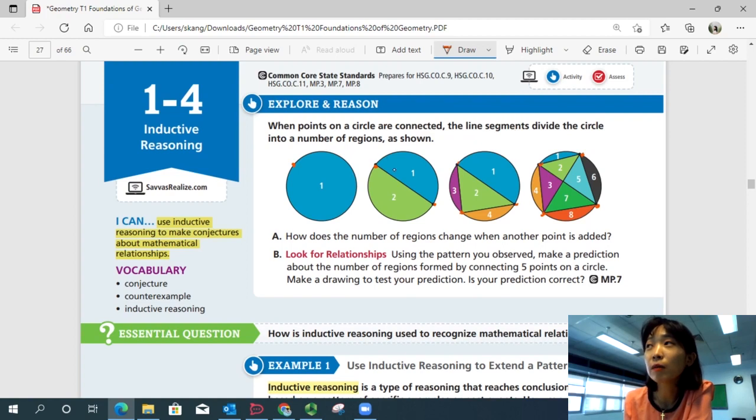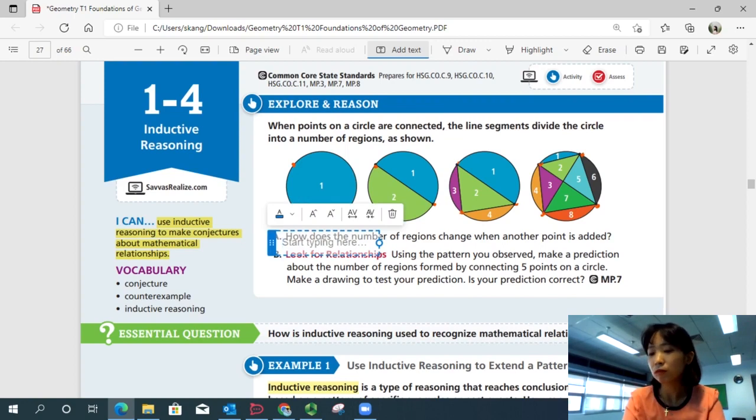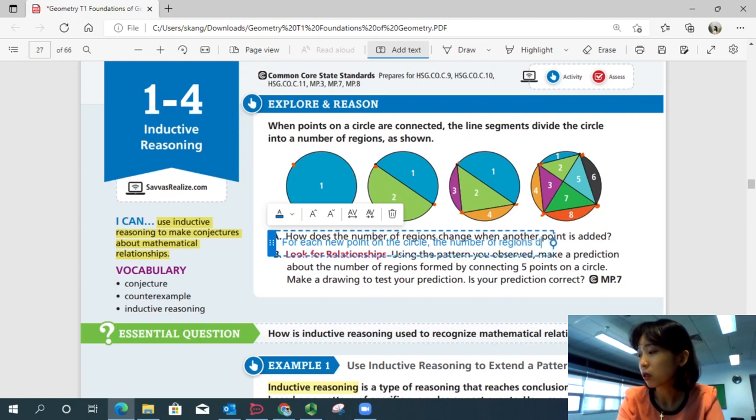So each time a point is added, the number of regions doubles is the pattern that we see, right? So let's record that. For each new point on the circle, the number of regions doubles.